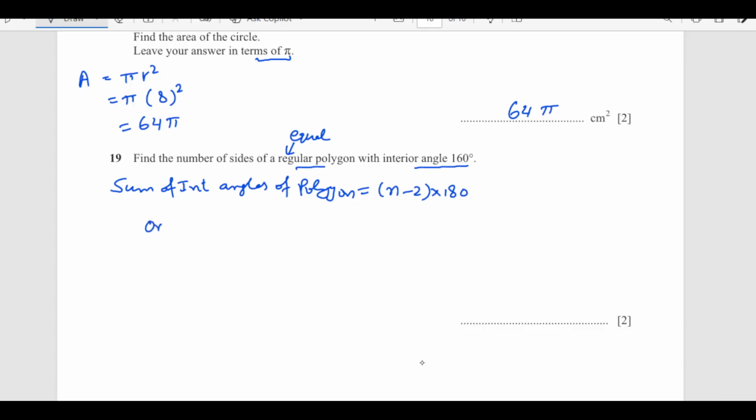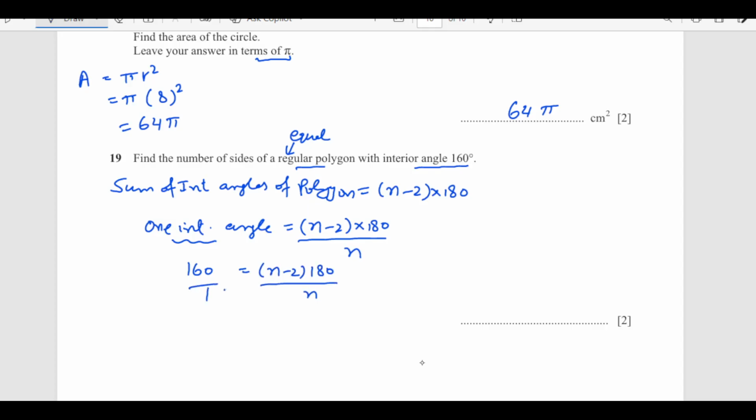So one interior angle is going to be n minus 2 times 180, we divide it by number of sides. So this interior angle is given to us 160, right? So here we have n minus 2 times 180 over n.